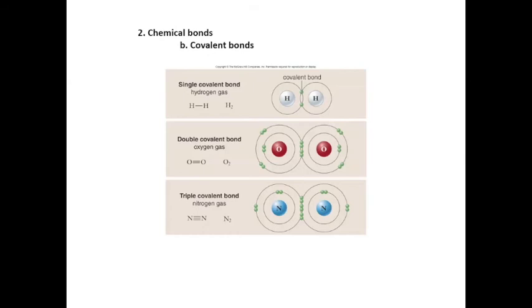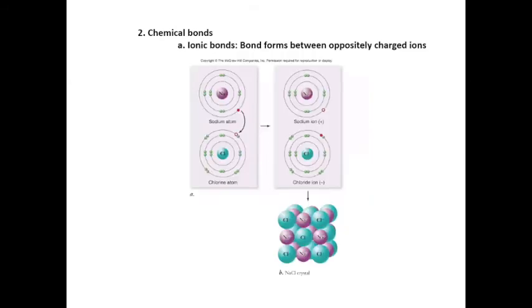And the goal, when you're sharing electrons, in both kinds of bonds, hopefully we can appreciate the fact that the goal is to complete the outermost shell, right? To fill that outermost shell with electrons, so that you have all the pairs, they're all paired up.